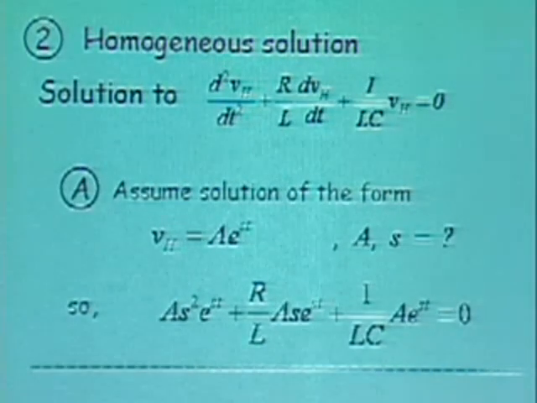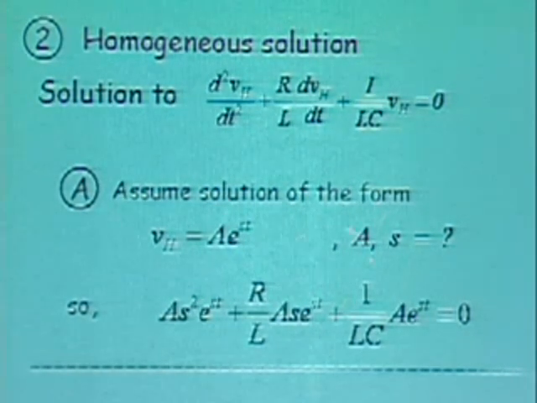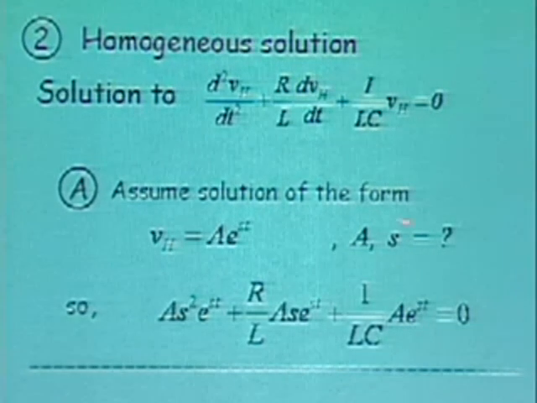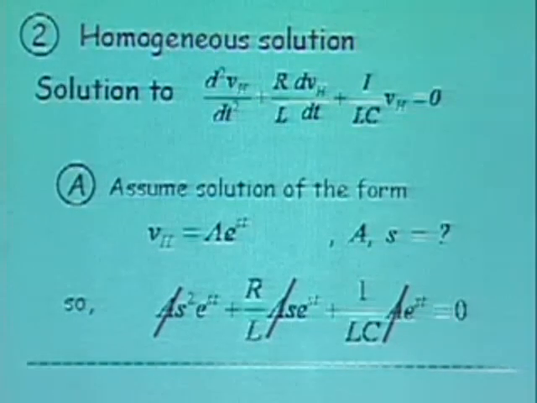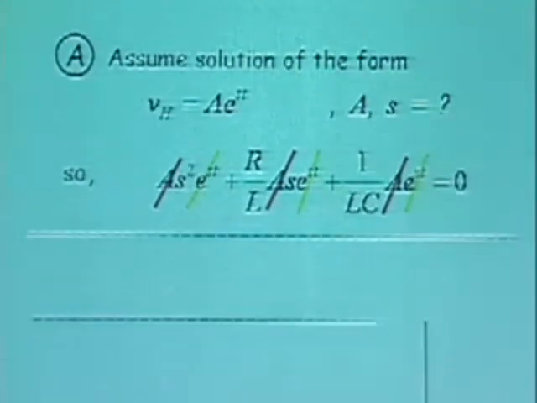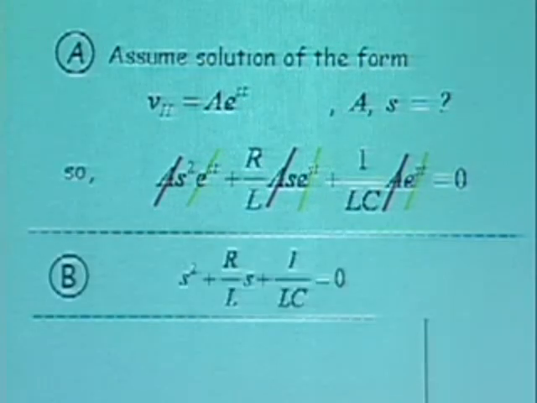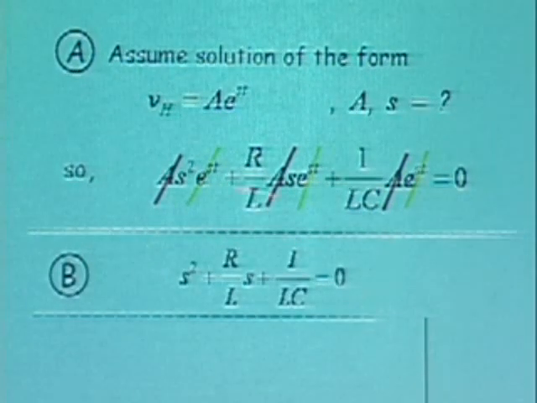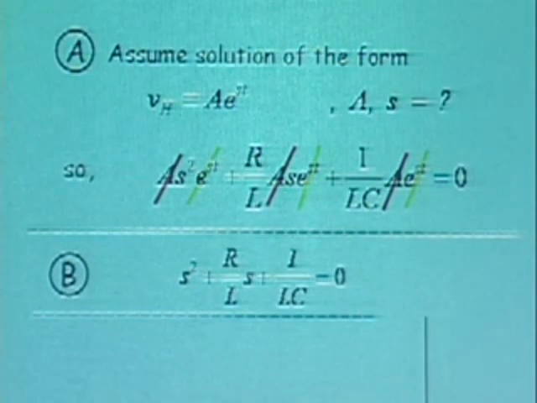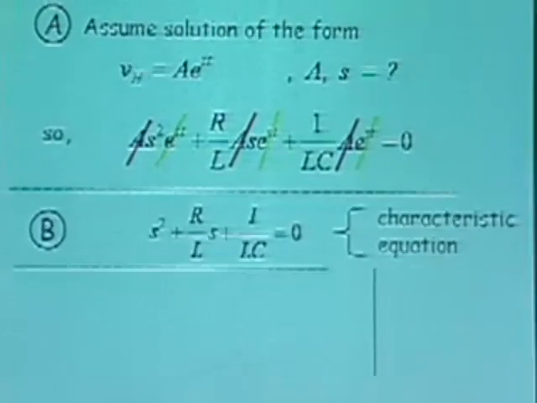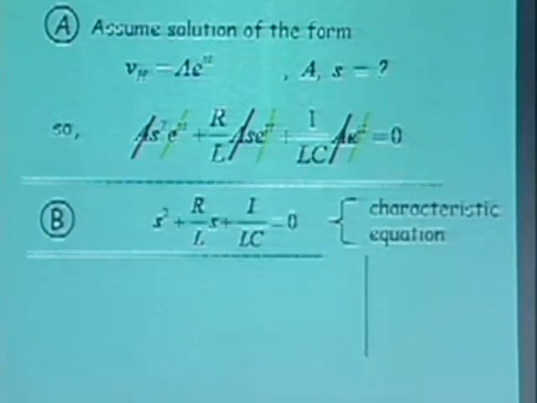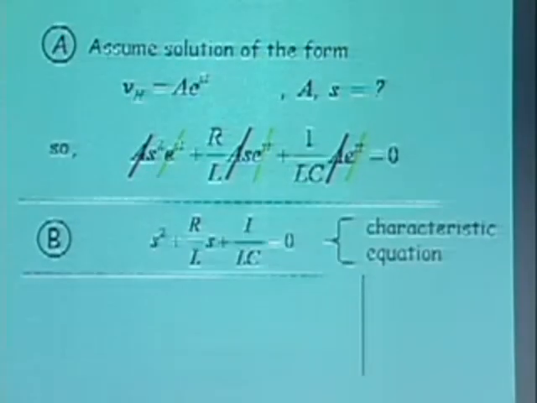Differentiate this twice, I get s squared down here, and this simply gets stuck in down here with the 1 by LC coefficient. Okay, the next step, I begin eliminating what I can. So I eliminate the A's, and then eliminate the e to the st's, and I end up with this equation here. This is my characteristic equation. It's an equation in S. Do people remember the characteristic equation we got for the LC circuit?